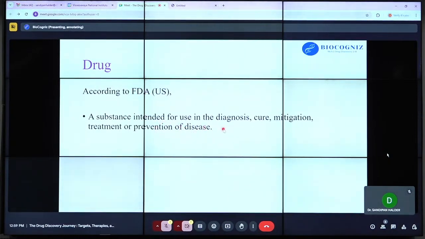Also we use it as prophylaxis, like vaccines. Vitamin B complex is one of the best examples, and sometimes for diagnosis also. Usually, if you think of a drug, what comes to mind is treatment.